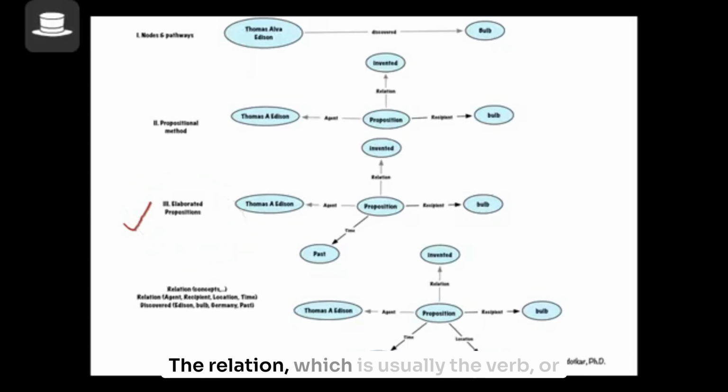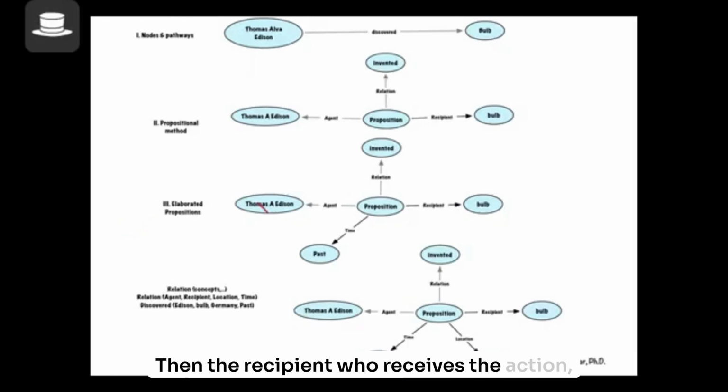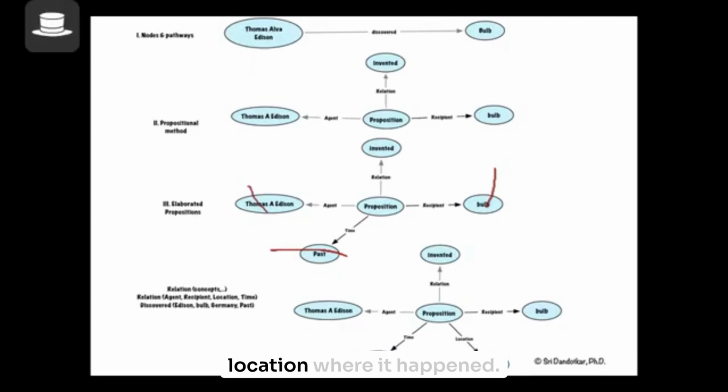The relation, which is usually the verb, or it can be an adjective, or it can be an adverb. Again, I repeat, usually a verb or an adjective or an adverb. Then the agent who does the action, then the recipient who receives the action, then time when the action happened, and location where it happened. These are the important components of an elaborated proposition.